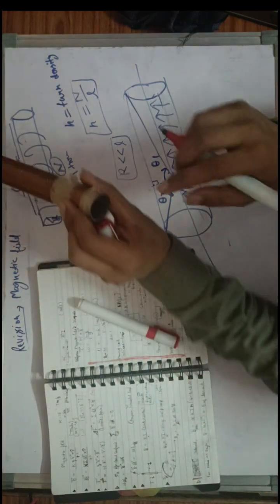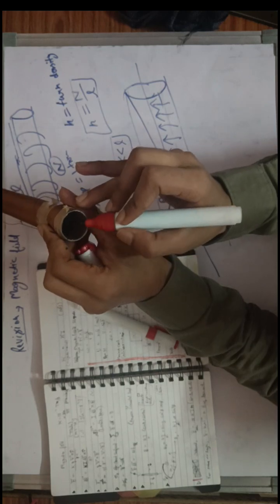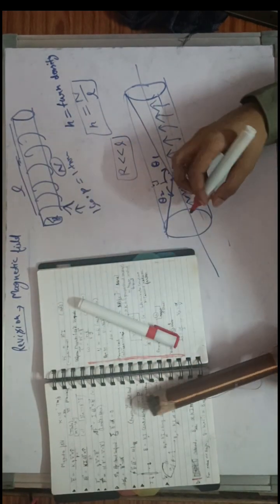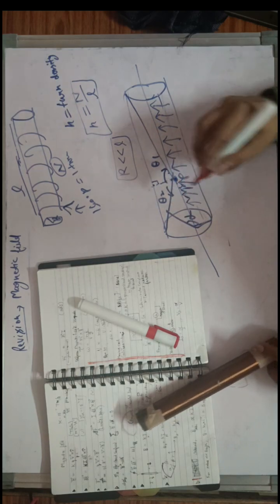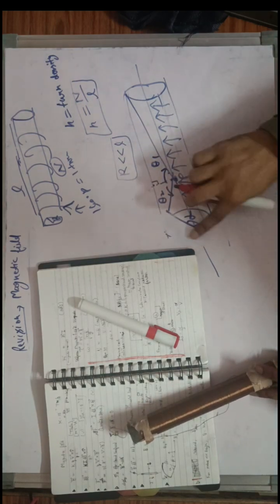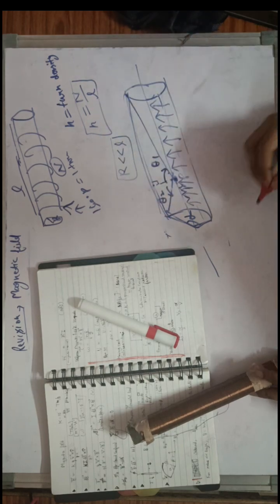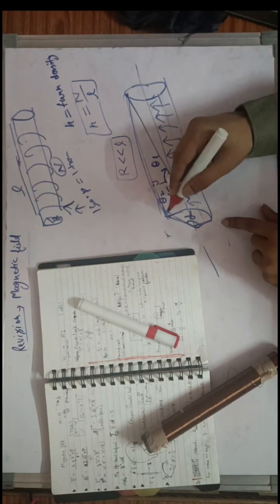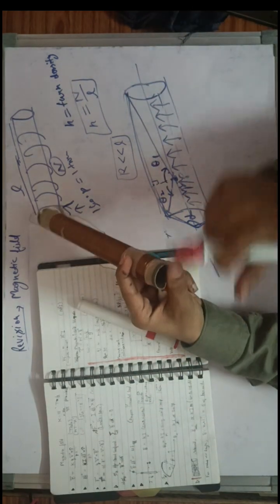So let's say I cut this cylinder and take out an alpha angle part of it, and I remove the rest of the cylinder.